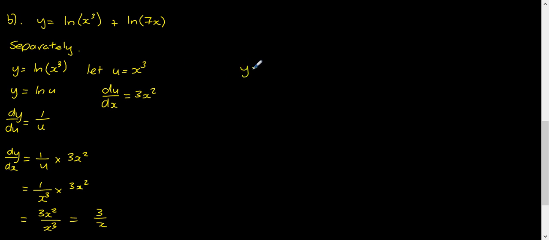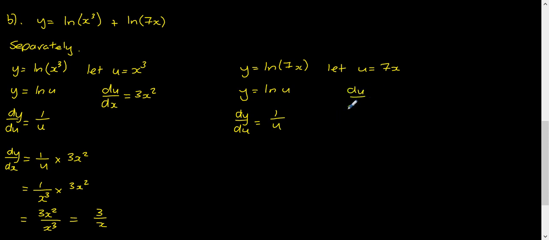So we're doing these separately. So now we'll do the log of 7x. And we will let u equal the 7x, so that y again becomes natural log of u, meaning dy by du again is 1 over u. Du by dx is just 7 when we differentiate the 7x.